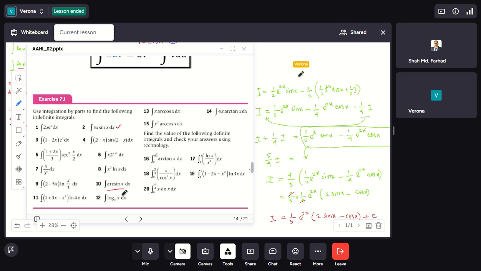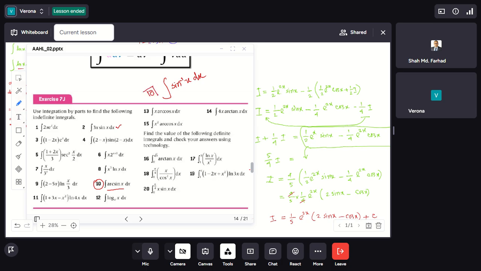That is on arc sine x, number 10. You will try this one. And sine inverse x, we can rewrite this one also as the integration of sine inverse x dx. That is number 10.